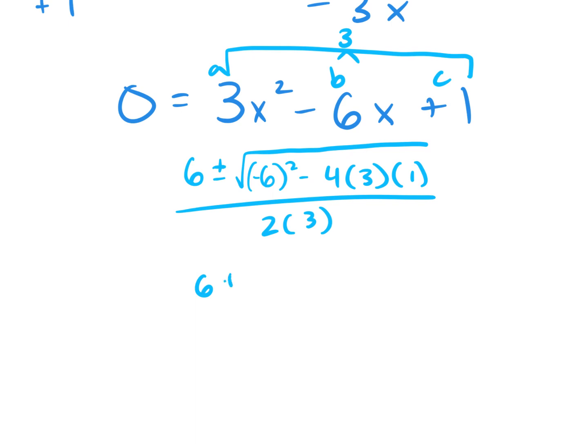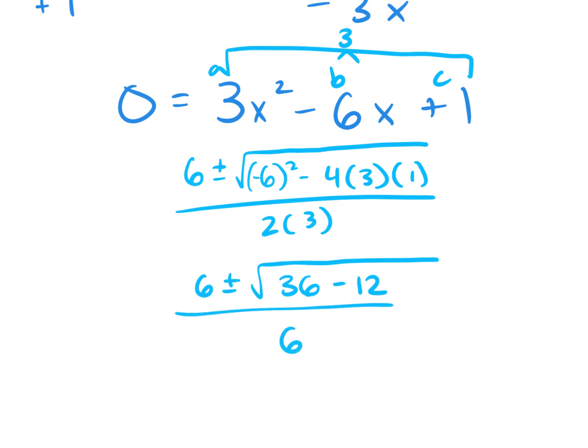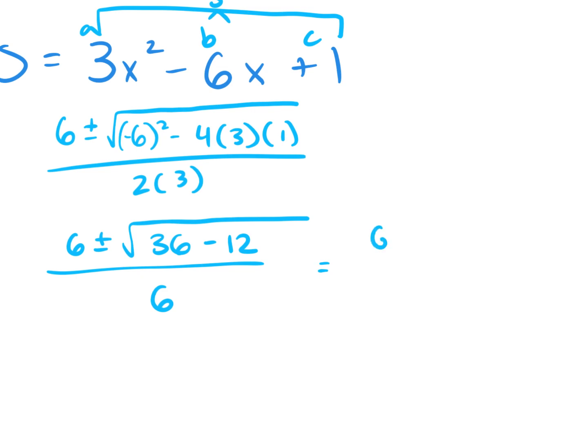So this would be 6 plus or minus the square root of 36 minus 12 over 6. So 6 plus or minus the square root of 24 over 6.